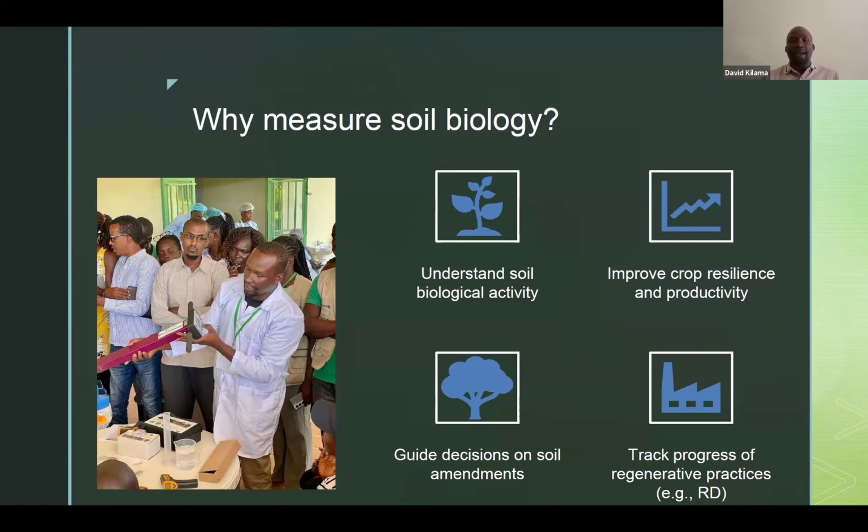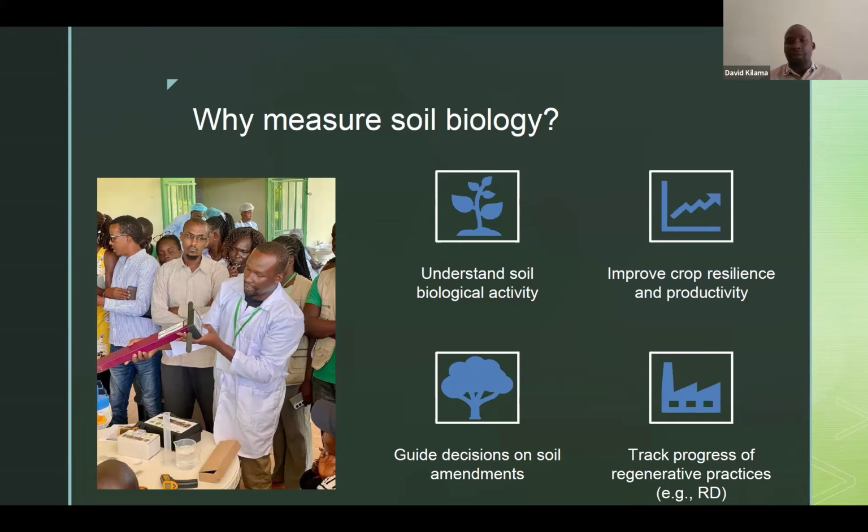As R&D practitioners, we know that it improves crop resilience and productivity. The moment you do amendments within the soil, you are supplementing what is lacking, or enriching, or adding more to the soil, to make the soil more resilient and the crop more resilient, and productivity goes higher and higher.